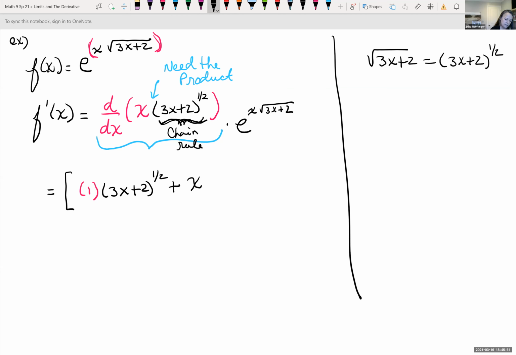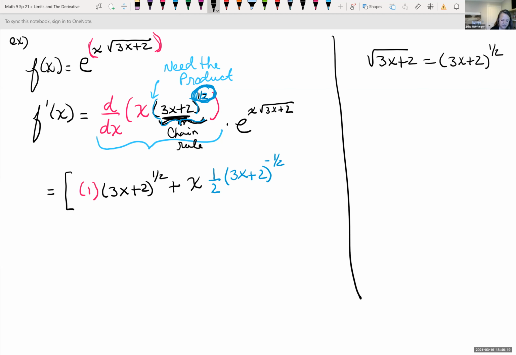If I take the derivative of the second function, I need to use the chain rule. So let's bring our power down front, 1/2 of the inside, 3x plus 2, and then subtract 1 from our exponent: 1/2 minus 1 is negative 1/2, times the derivative of the inside.